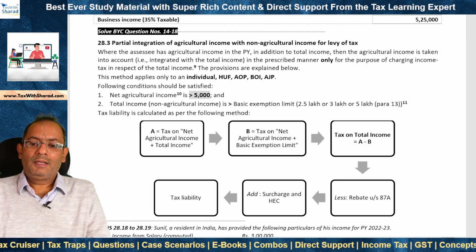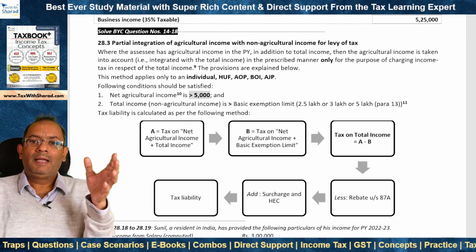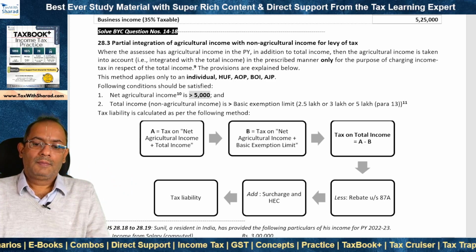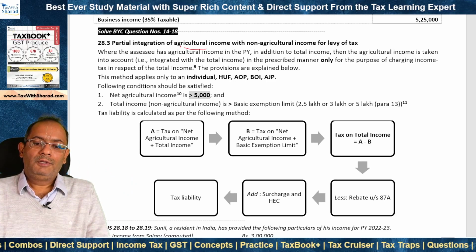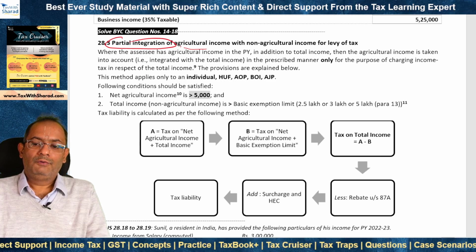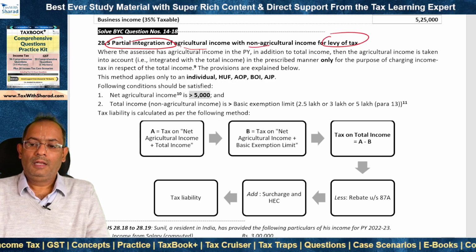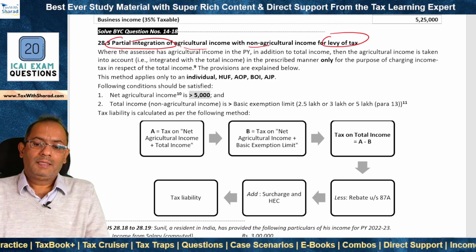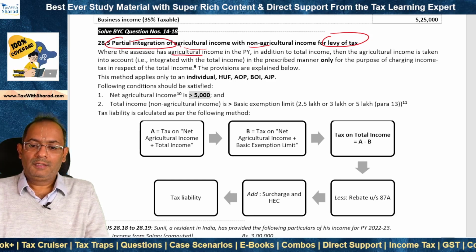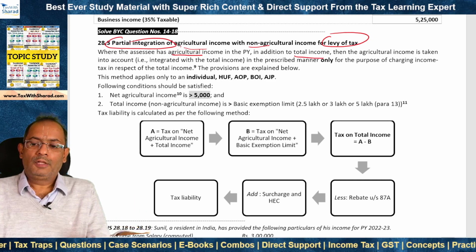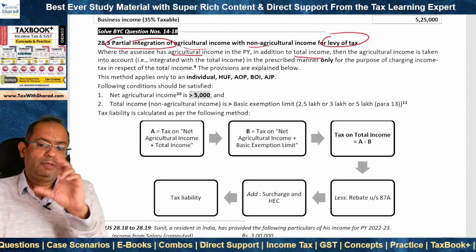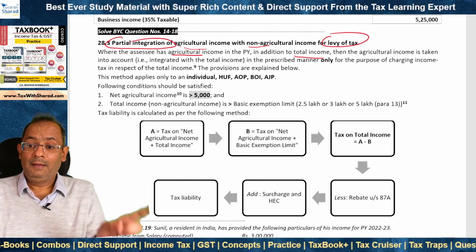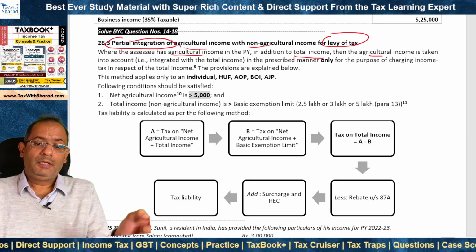Now the agricultural income is exempt from tax. That means tax is not supposed to be levied on agricultural income. However, the agricultural income is partially integrated with non-agricultural income for levy of tax. How is this done? Let's see. Where the assessee has agricultural income in the previous year, in addition to total income, so the assessee has taxable income as well as exempt agricultural income, then the agricultural income is taken into account.